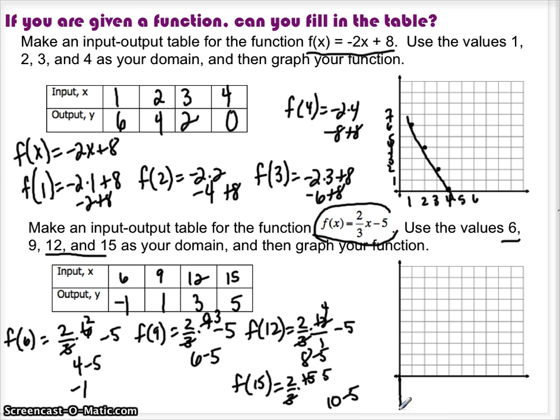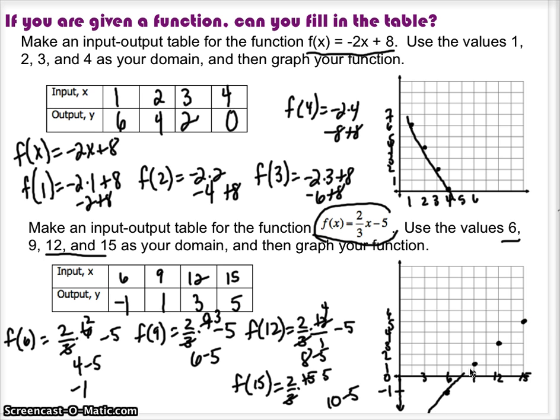So now we need to extend this because we need a -1 here. Okay, and then over here, let me make that 3, 6, 9, 12, and 15. So we have 6 is -1, 9 is 1, 12 is 3, 15 is 5.